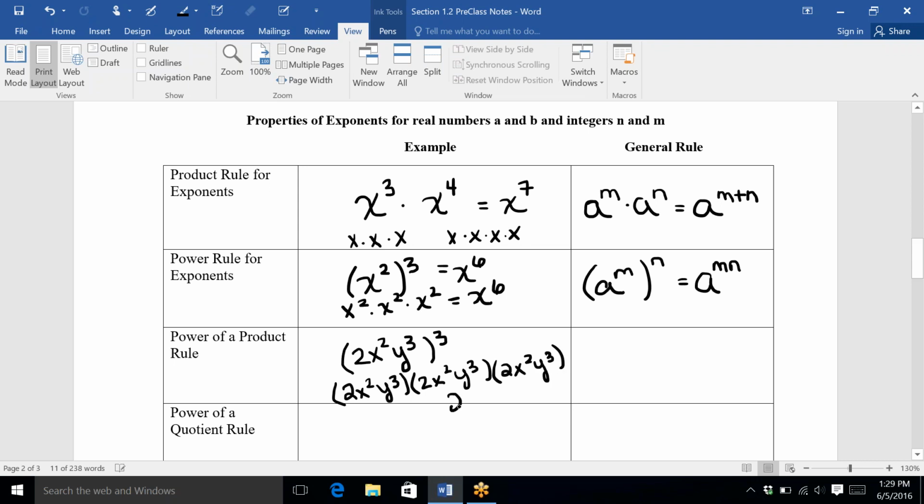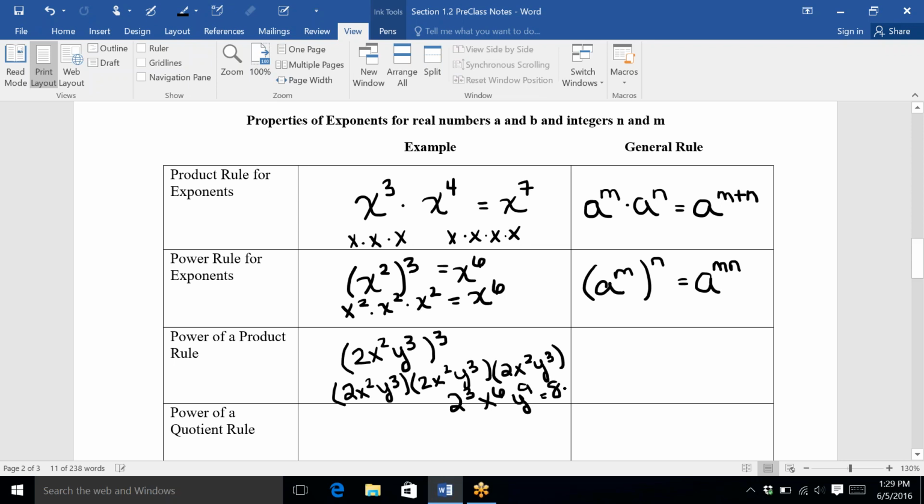So notice I get 2 to the third power because there's 2 times 2 times 2. x squared times x squared times x squared, well that is 2 plus 2 plus 2, or you could have noticed 2 times 3 if you'd noticed the power rule. So that would be 6 of those. And then y cubed times y cubed times y cubed is y to the 9th.